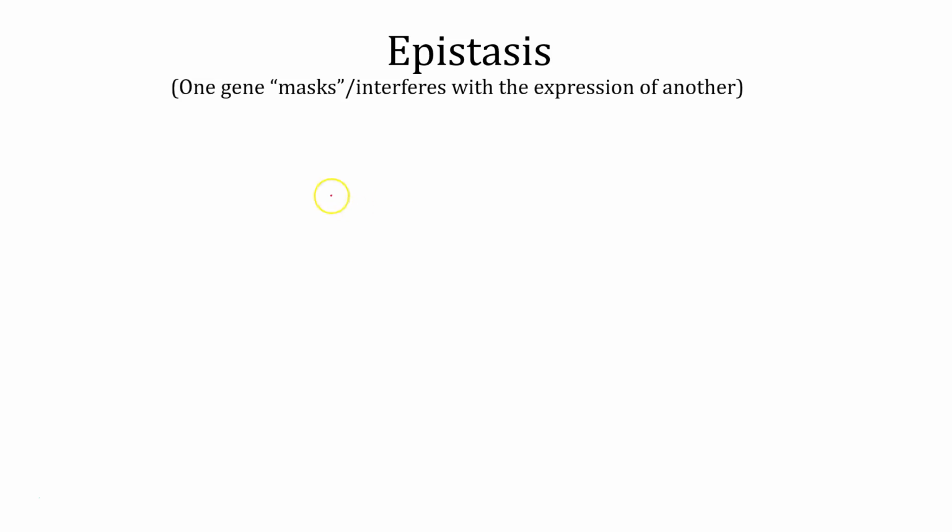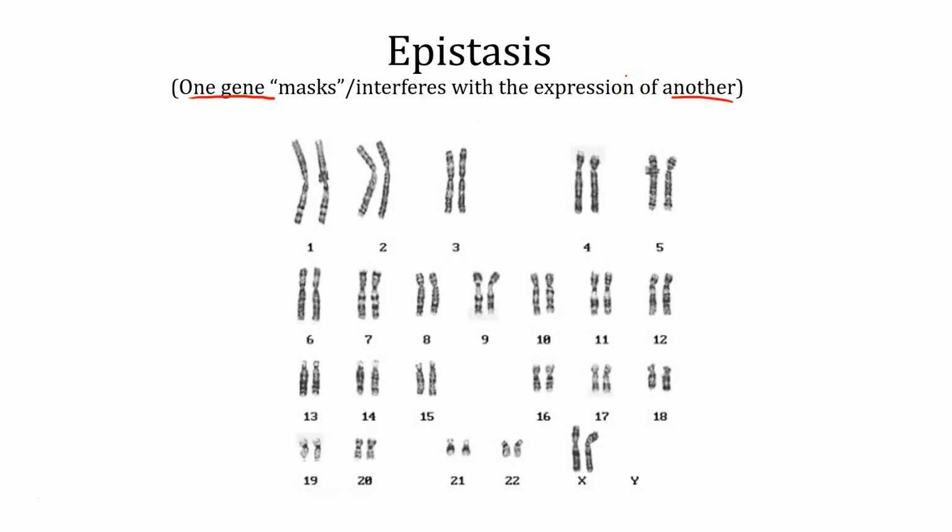One last note here on our chapter 12 is this thing called epistasis. Epistasis basically refers to the circumstance in which one gene is going to mask or interfere with the expression of another. So let's say here are the chromosomes of a diploid organism, inside their nucleus.